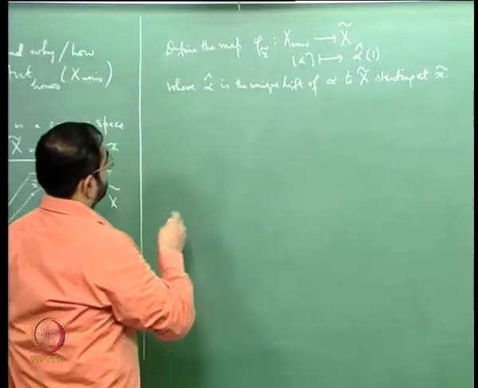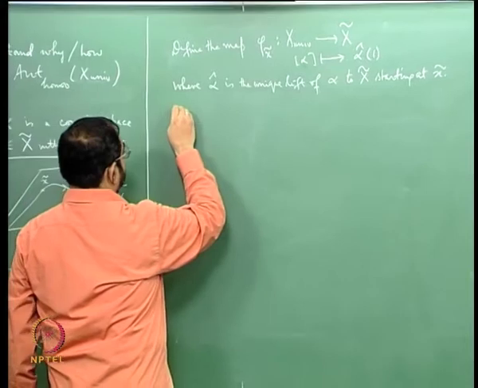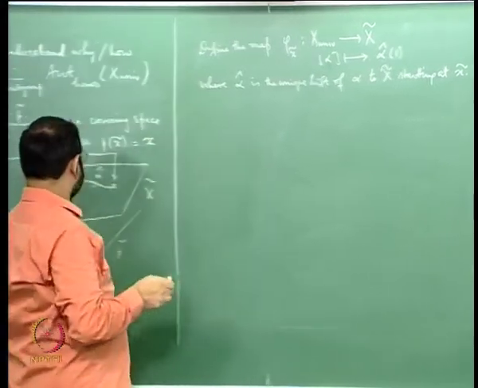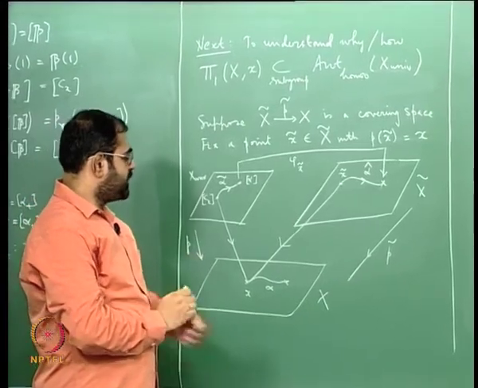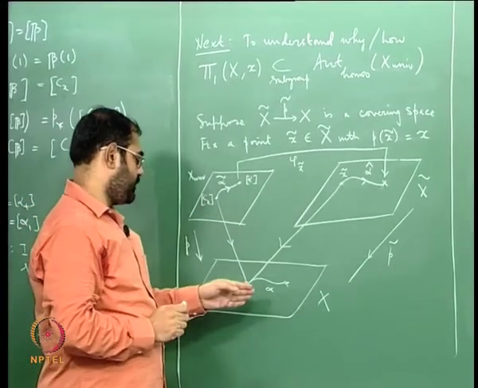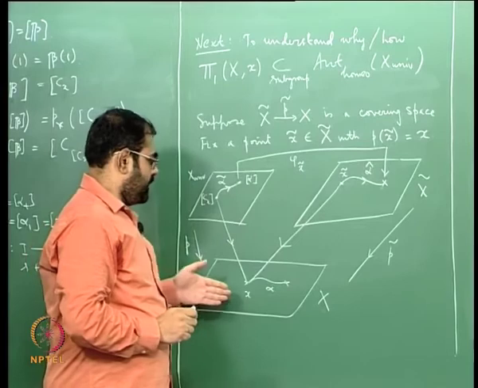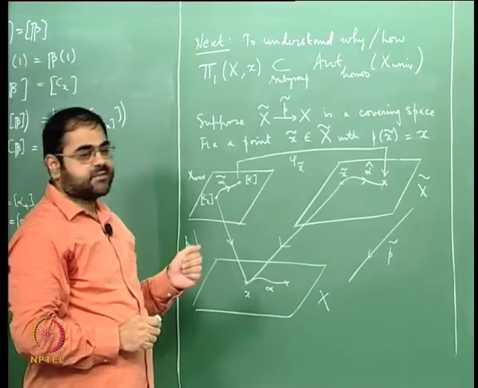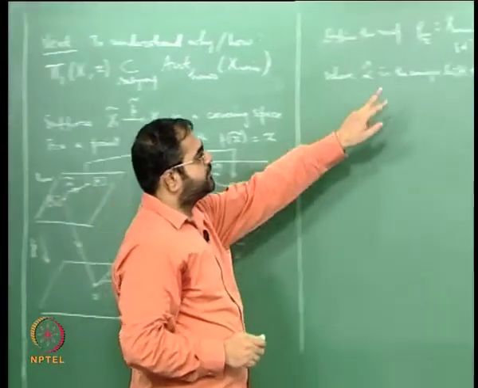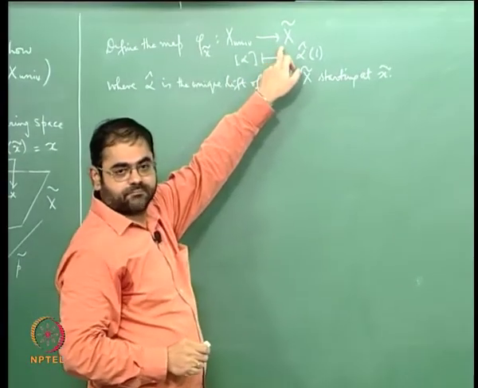Now it's somewhat of an exercise, basically using the fact that these are local homeomorphisms and they are covering maps. A little exercise will tell you that this itself is a covering map, okay.